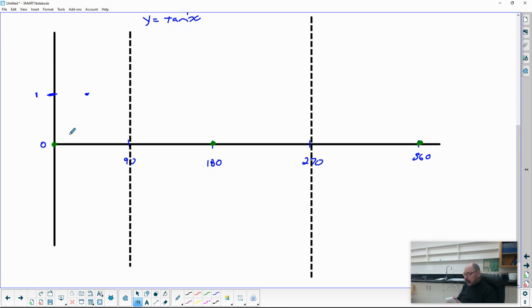Let's go tan 22.5. Remember we're in degrees here. Okay, I get 0.4. So 0.4 would be right about there.